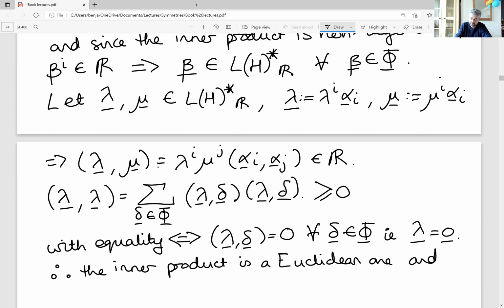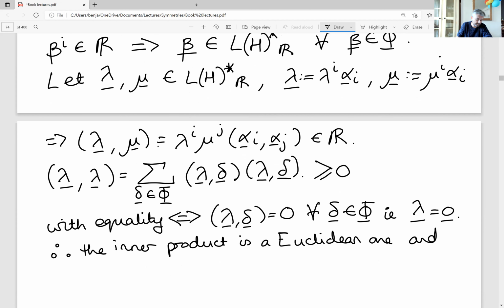And the real subspace of this dual space to the Cartan subalgebra is isomorphic to R-dimensional Euclidean space.